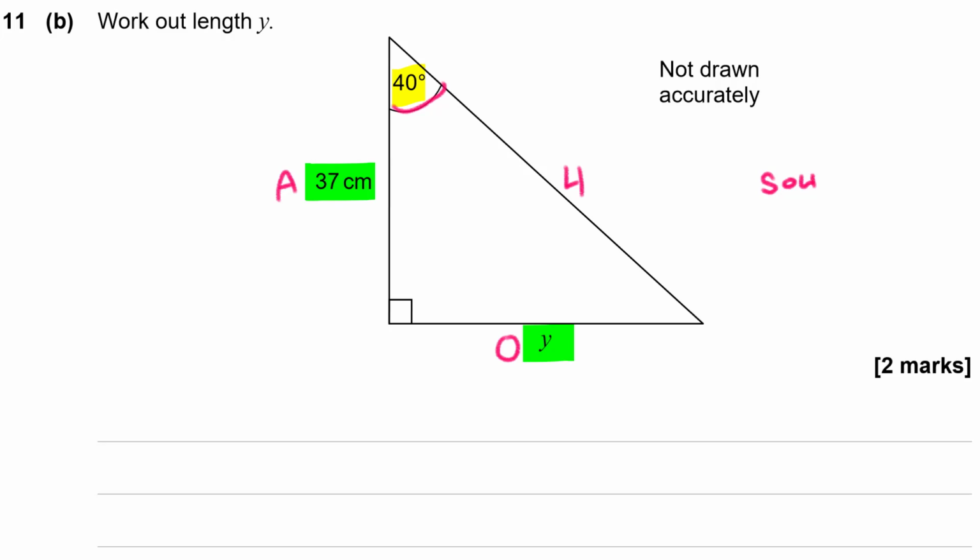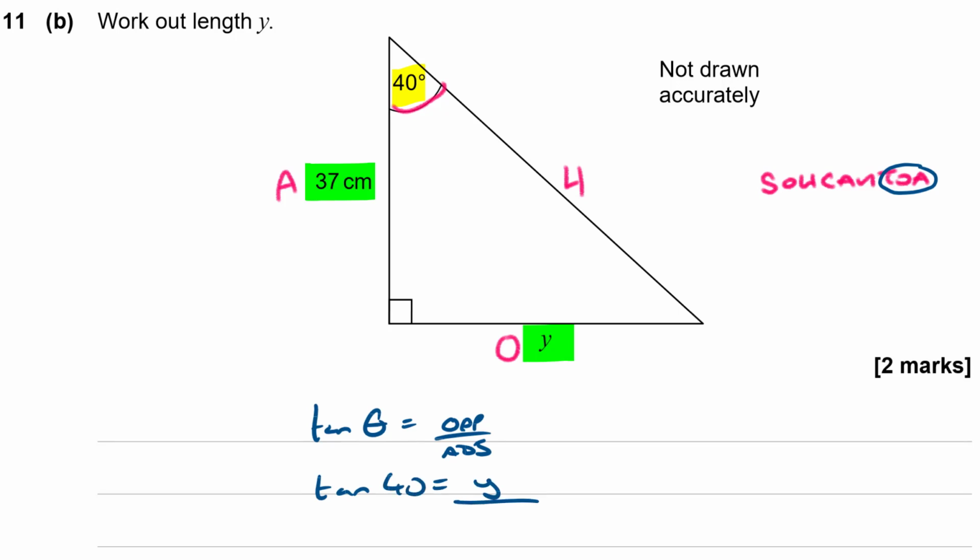So again, which one is it? Well, I want the opposite. I've been given the adjacent, so it is tan. So tan theta is equal to opposite over adjacent. Subbing in from our diagram, tan 40 equals the opposite y divided by the adjacent 37.